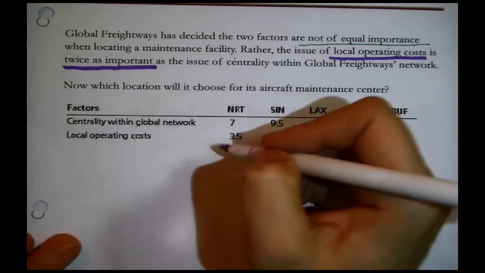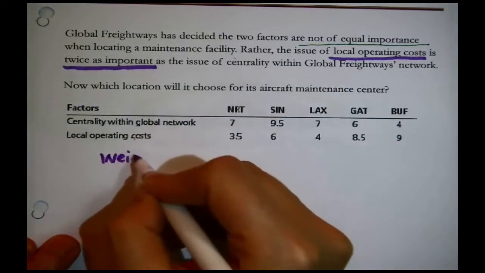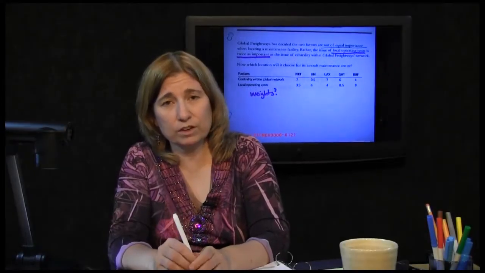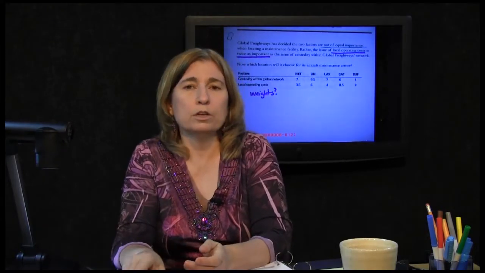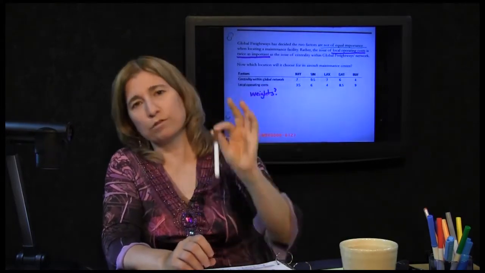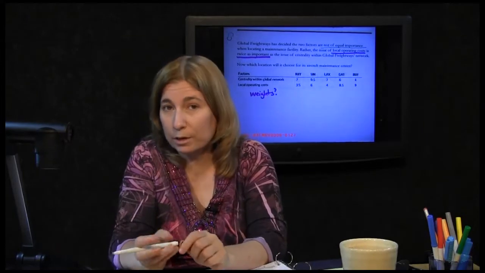What we want to do is determine what weights to give each of the two issues to reflect their opinion that local operating costs are twice as important as centrality within the network. Now there's a variety of ways to do this, but typically when we are weighting scores, what we want is a weighting system that adds up to 1.